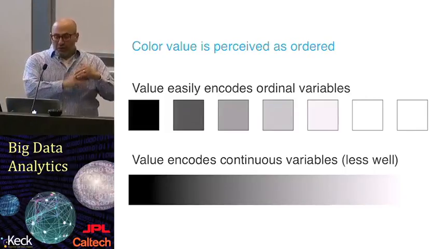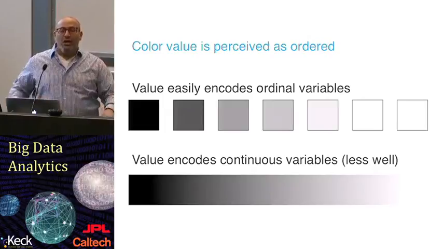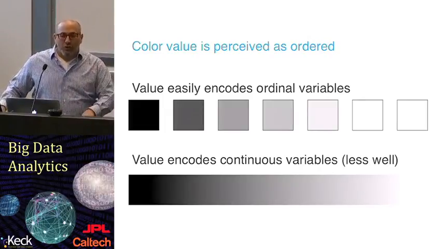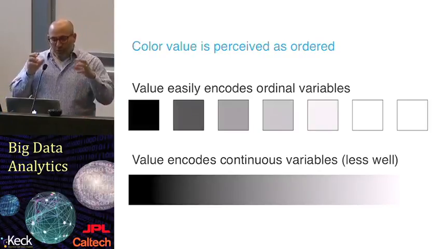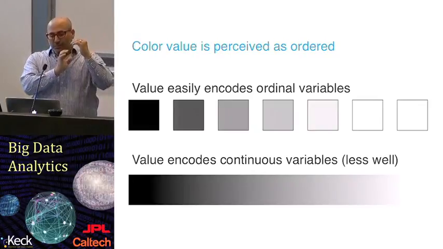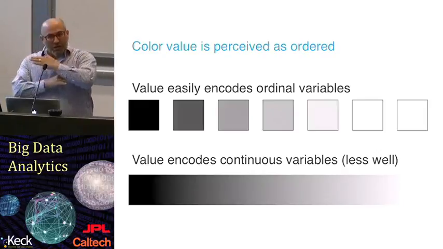And so if you look at the continuous values, you can see that hue can encode continuous values, but it's far less good than its ability to include ordinal values, which you can use with different magnitude, with hue of a single monotonically changing function.